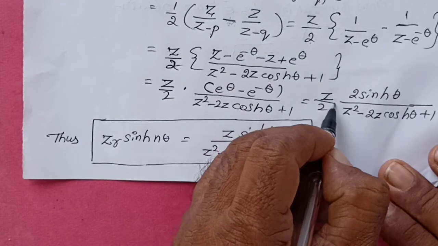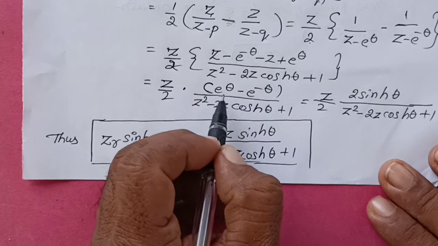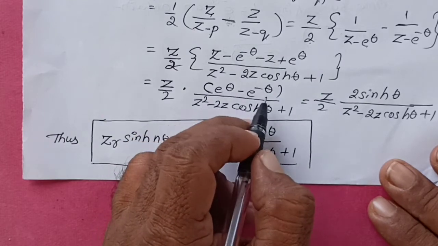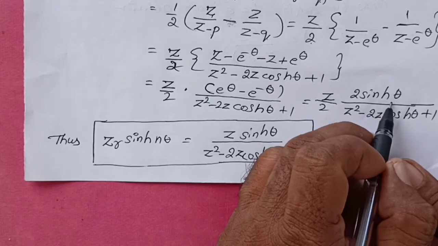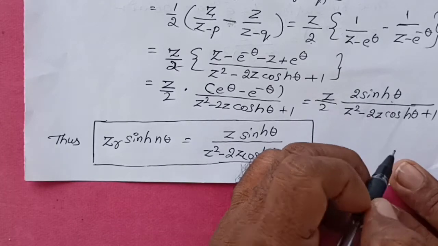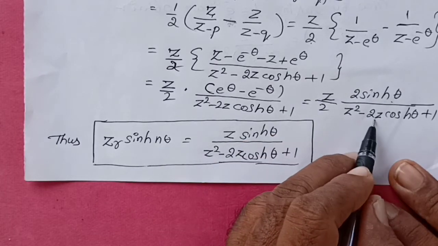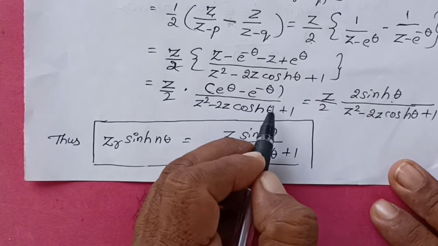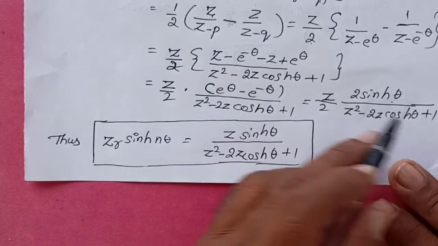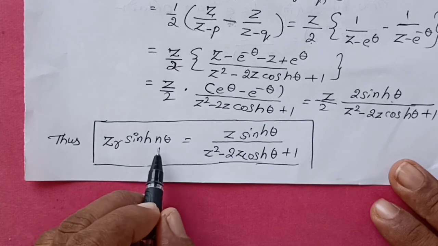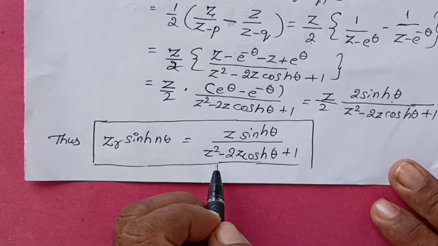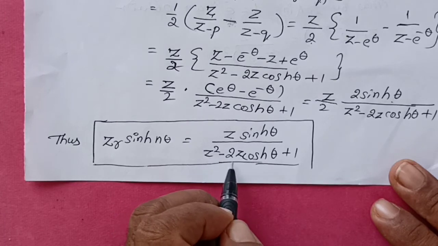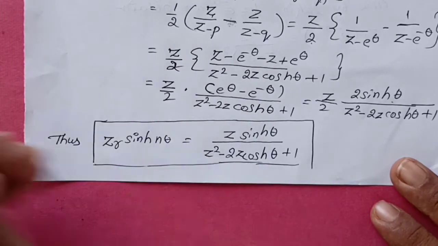So it becomes z upon 2, and e raised to theta minus e raised to minus theta is nothing but 2 sin hyperbolic theta, you know this formula, divided by z square minus 2z cos hyperbolic theta plus 1. Therefore the z transform of sin hyperbolic n theta is equal to z sin hyperbolic theta divided by z square minus 2z cos hyperbolic theta plus 1.